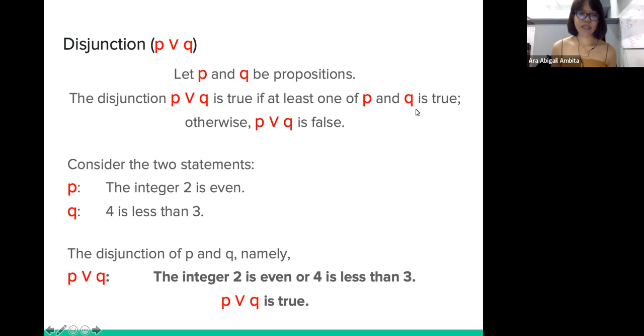Why? Because our definition says that if at least one of P and Q is true, then it will be true. So even if Q is false but P is true, the disjunction P or Q will be true.